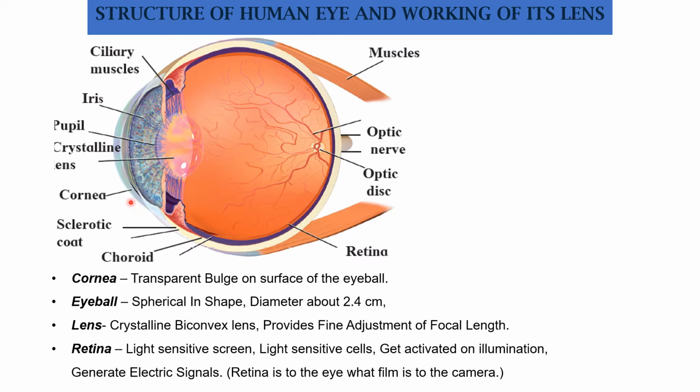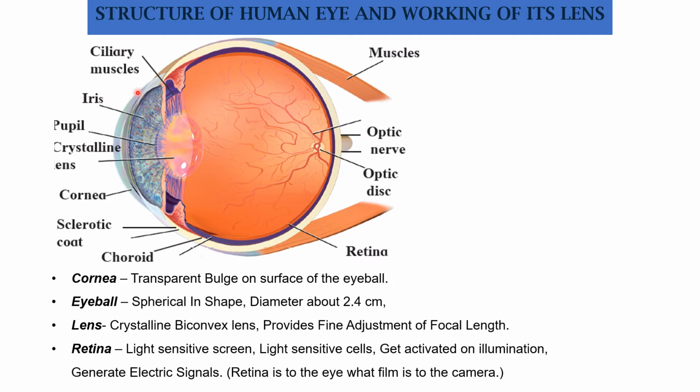So throughout the eyeball you can see that there is a thin and transparent cover or a membrane which is the cornea. Now the curvature, if you see, it is very smooth. There are no ups and downs or irregularities in the cornea.